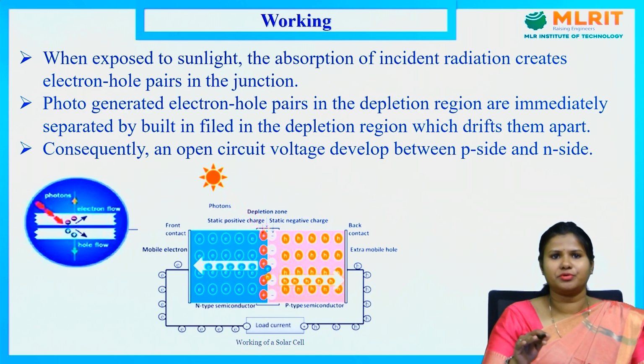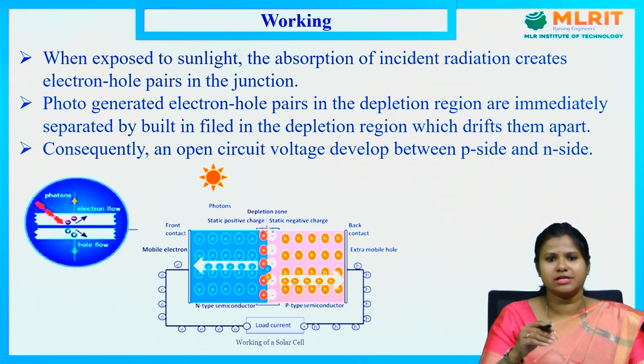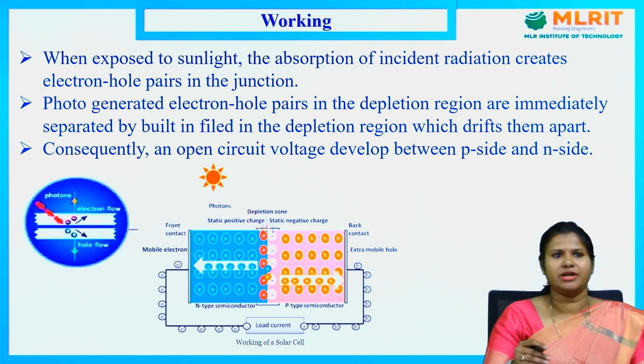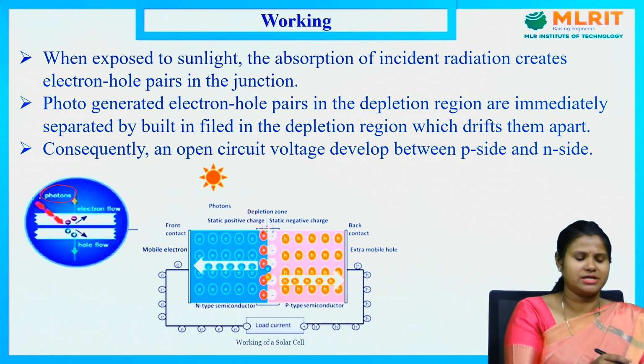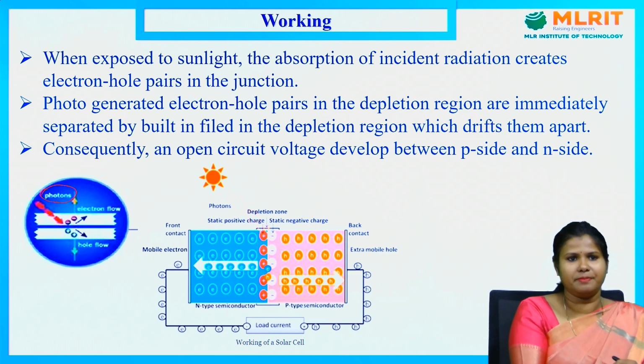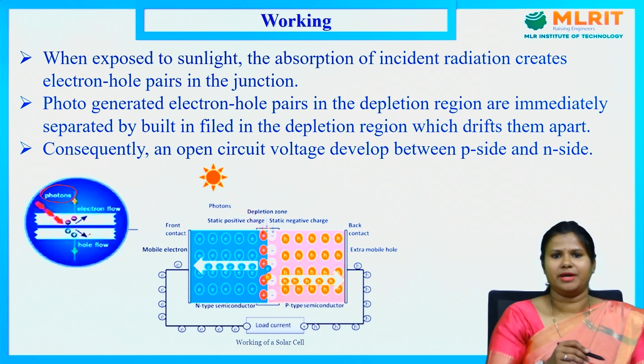Now we will go to the working, how solar cell works. As I told, solar cell works on the principle of photovoltaic effect. That means it is converting the light energy into electricity. So whenever sunlight or photons fall on the solar cell, at the depletion layer it produces electron and hole pairs.